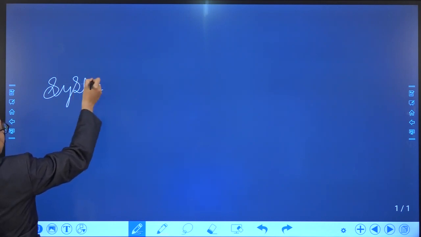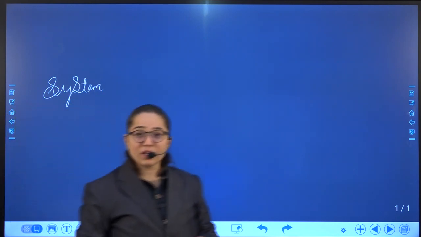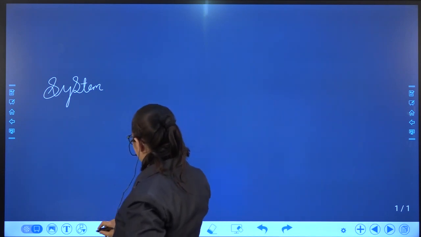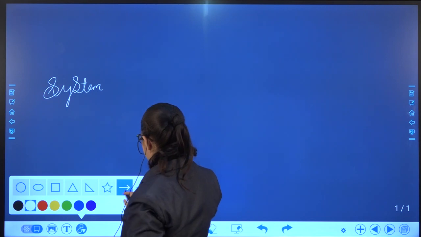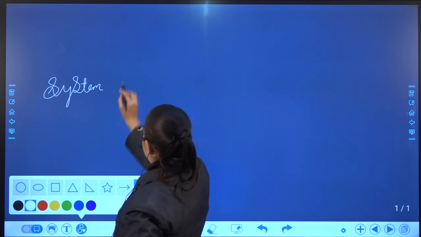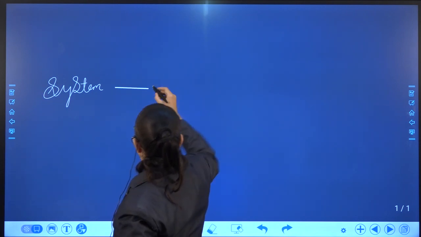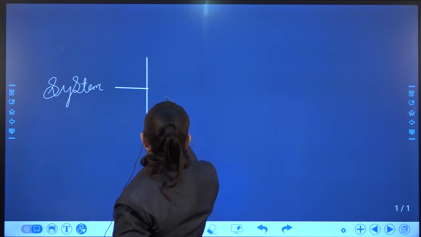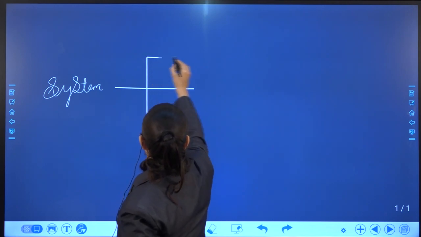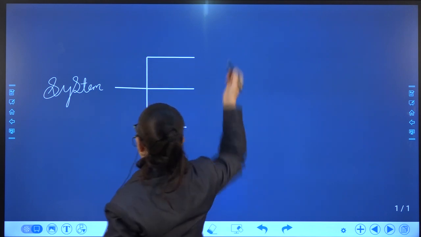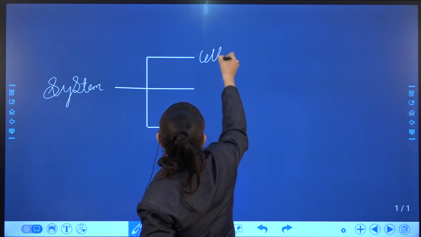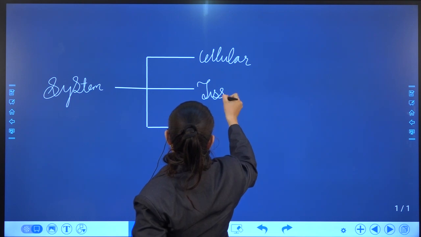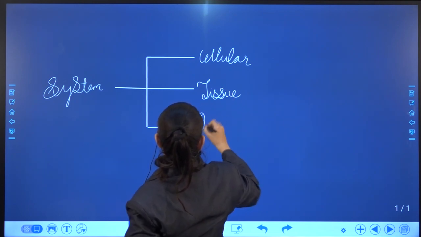On the basis of the system level. How can the level be? It can be any of these three bases. It can be cellular, it can be tissue based, or it can be on the basis of organ.